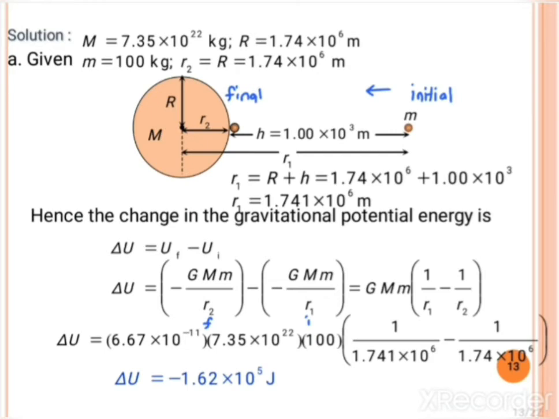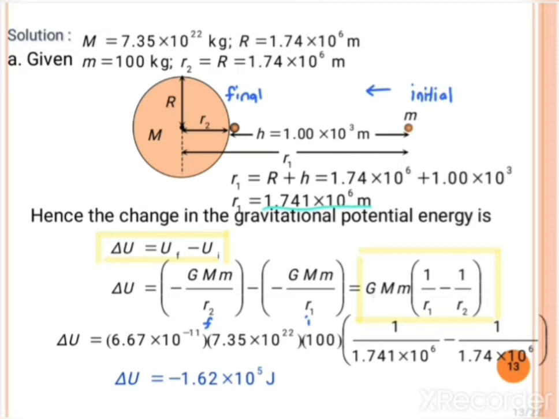Now we need to find R initial, also R1. R1 equals radius of moon plus altitude, equal to 1.741 times 10 power of 6 meter. So the change of gravitational potential energy, delta U, equals U final minus U initial, or we directly use this formula: GMm times 1 over R initial minus 1 over R final.